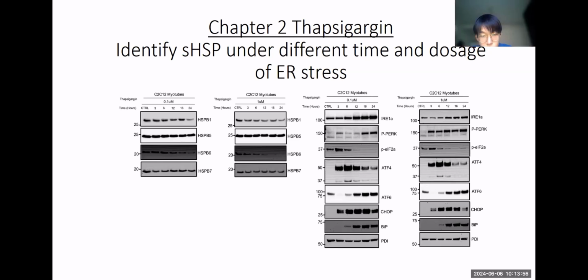ER stress activates the unfolded protein response, and that functions in different ways. One of them is to increase ER chaperones like HSP90B1 or BiP or PDI, right? But part of it is to reduce global translation, to reduce synthesis, to try and stop the stress from becoming too much. So could you argue that the reduction in proteins that you see is just a result of general global inhibition of translation in the HSPB proteins?